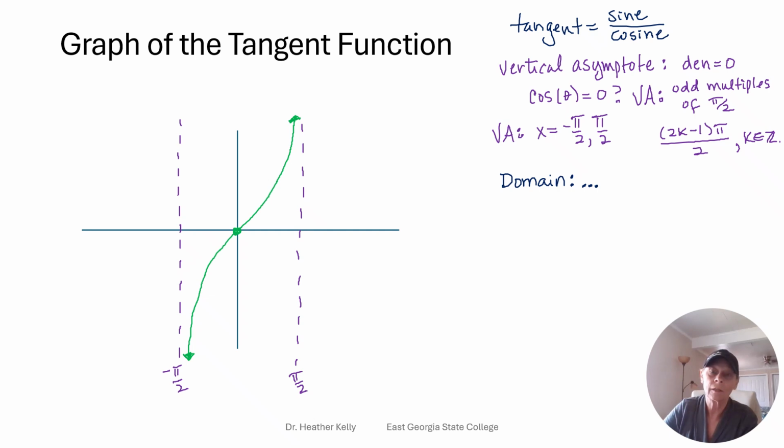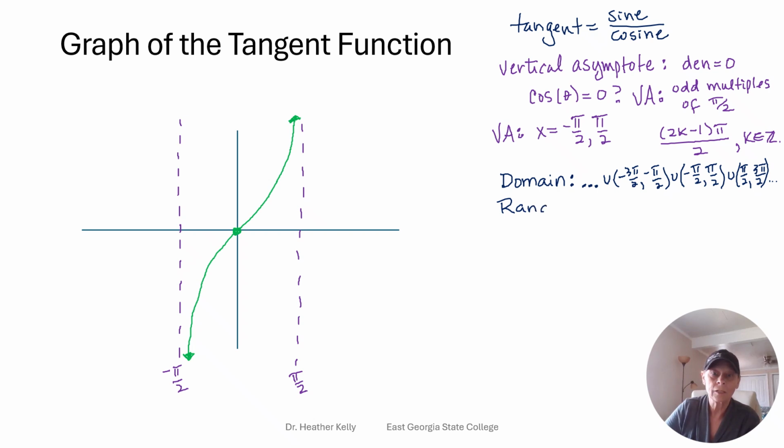I'll write like this: union with negative 3 pi over 2 to negative pi over 2, union negative pi over 2 to pi over 2. See if I can get one more in here. Pi over 2 to 3 pi over 2, going on continuously. Okay, so that's the domain.